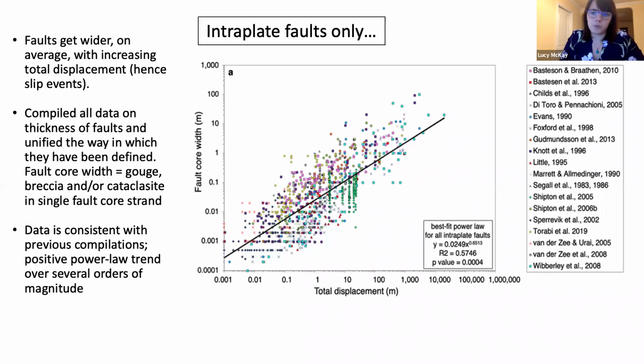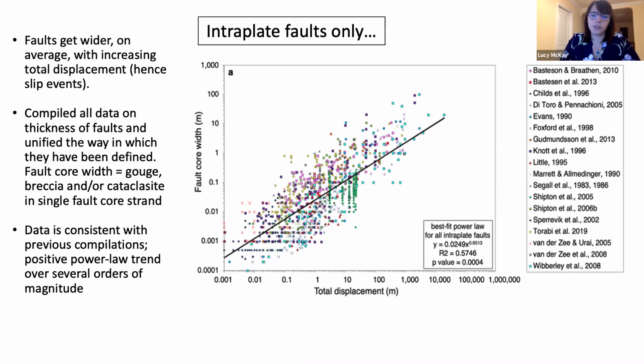This increase in width is thought to occur through fault growth, so as the faults link together, they become wider. However, the vast majority of these data sets are from intraplate faults, and plate boundary faults have been excluded.